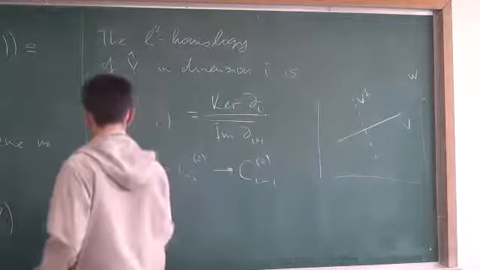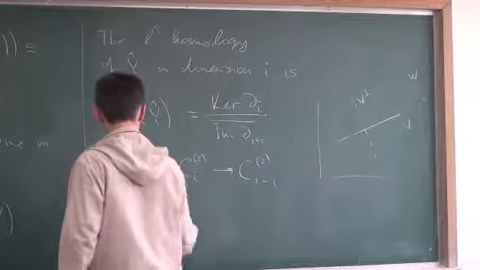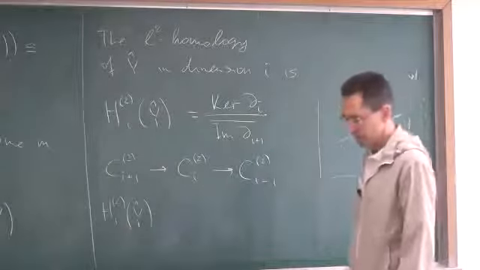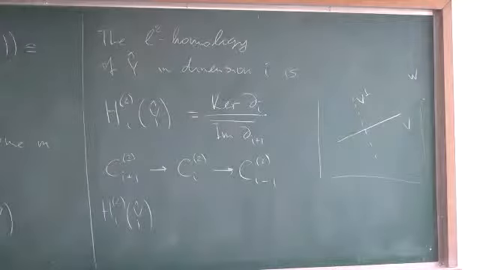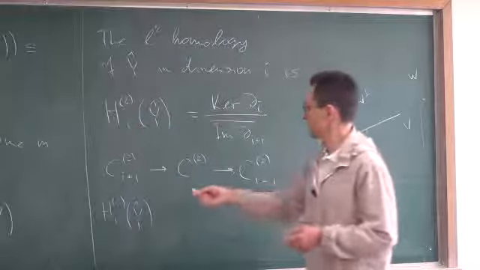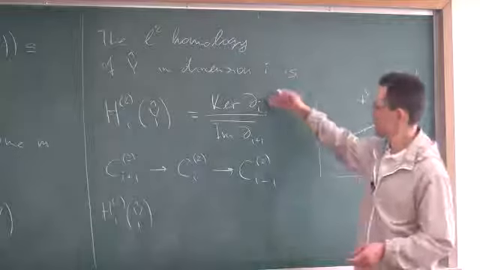So this H_i, the homology, can be viewed not just abstractly as in the usual definition of homology. In the case of L2 homology, this is very explicitly a subspace in the kernel.